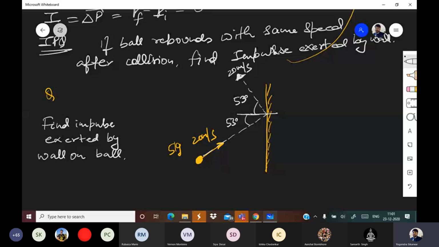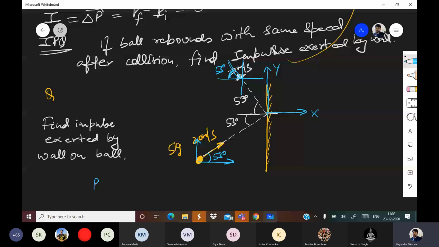People are saying 120. Okay. Everyone, please pay attention. I am considering this sign convention. This is the x-axis. This is the y-axis. This angle will be 53 degree. Similarly, this is going like this. If this is 53, this will also be 53.